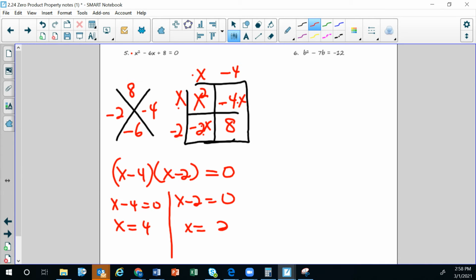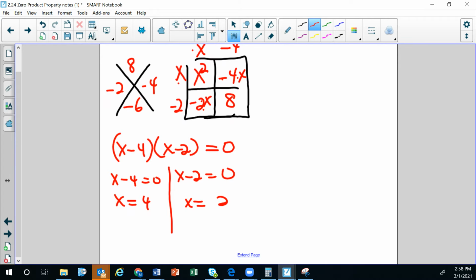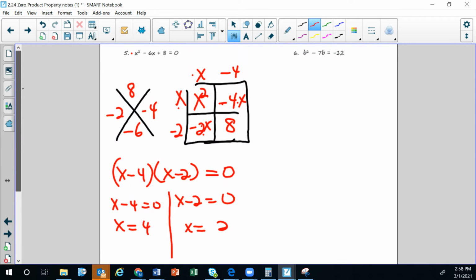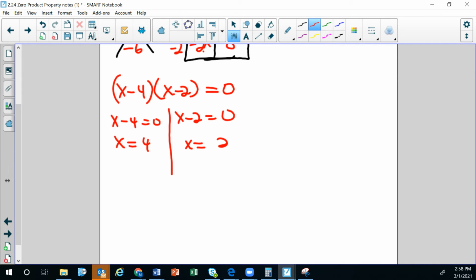All right. If I add 4 to both sides, I'm going to get x equals 4. And so if I substitute x equals 4 into the original equation, let's look at that. I didn't do that in the first example. Let's see. I have x squared minus 6x plus 8.